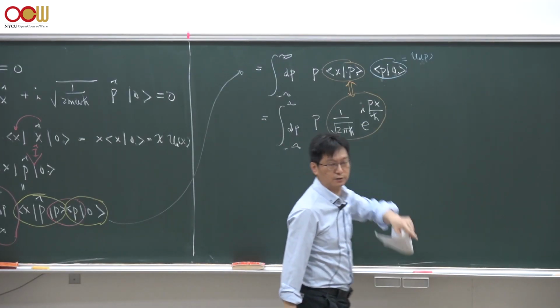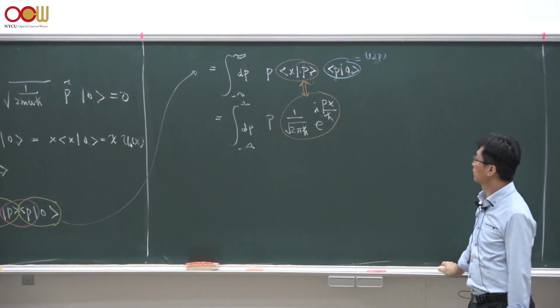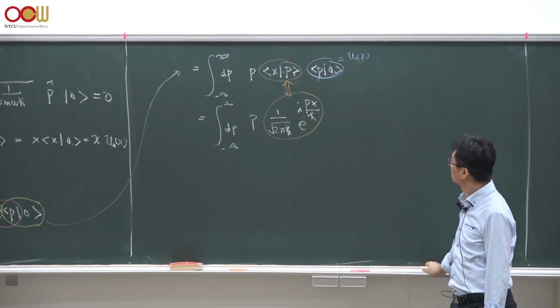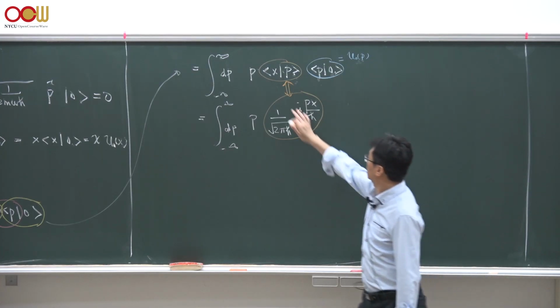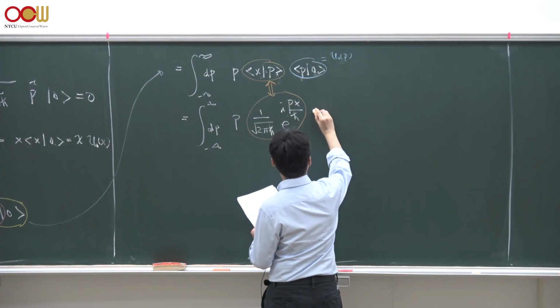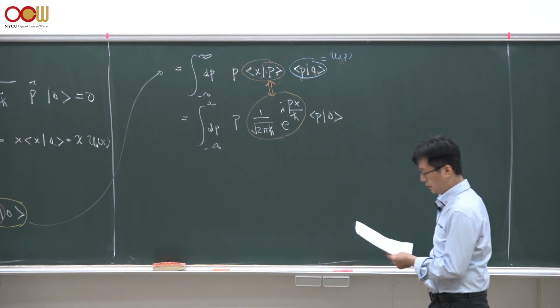In the previous chapters, we already derived this inner product between the Dirac bra of the momentum eigenstate and the Dirac ket of the position eigenstate. So this inner product is given by this plane wave. And we should copy this right here.